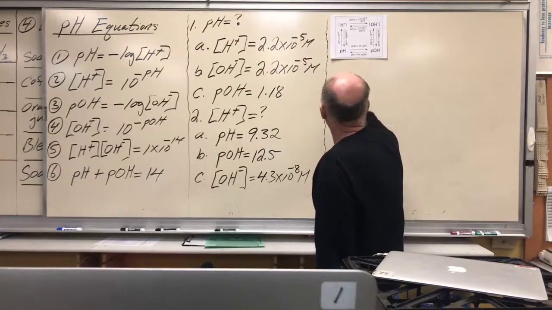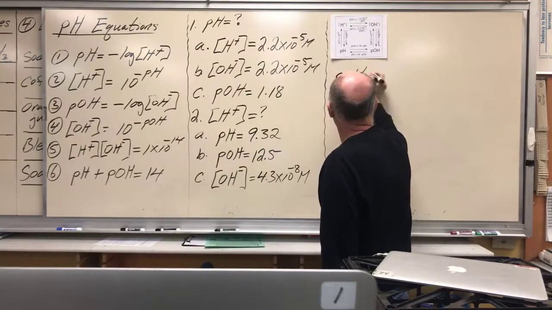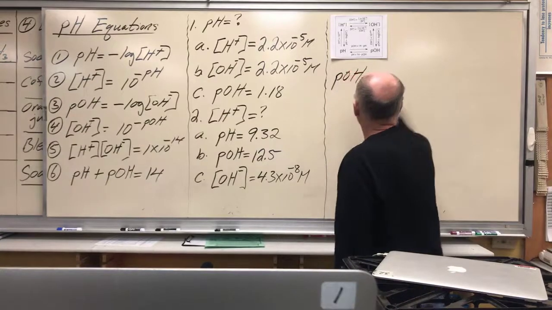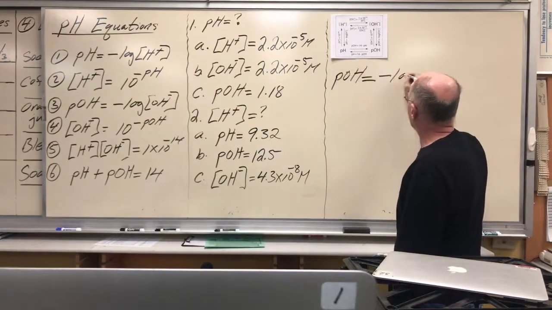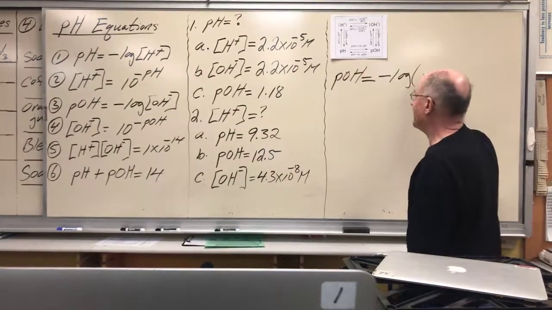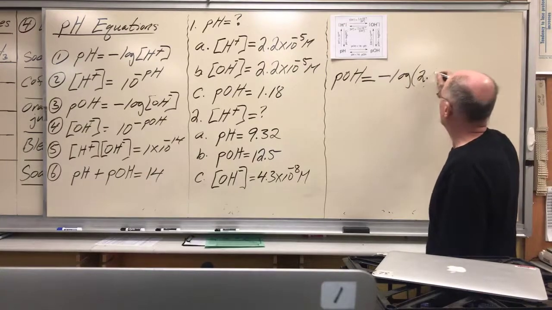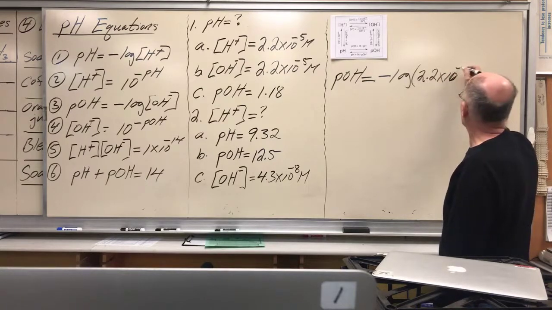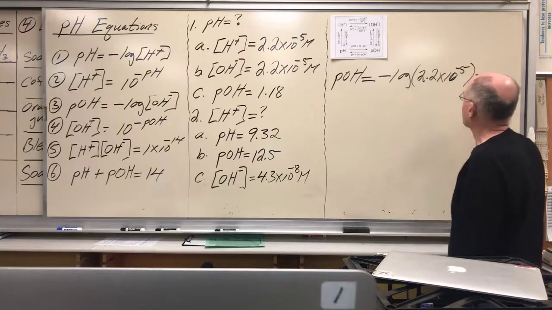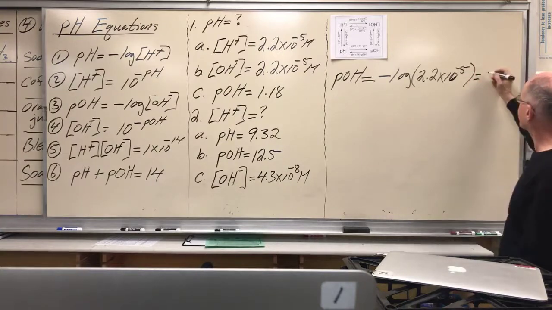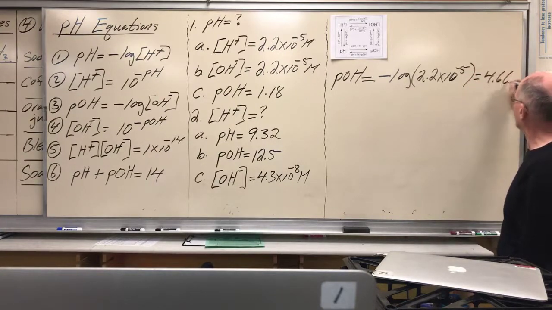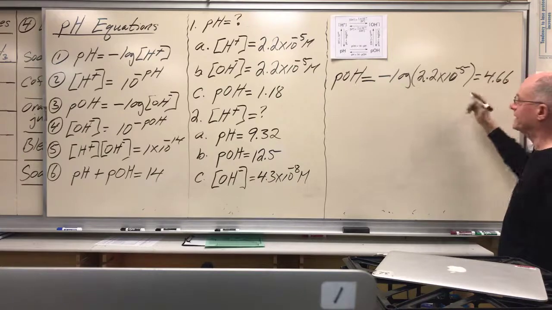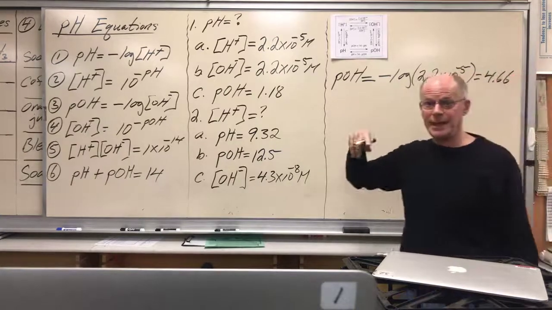So the pOH is going to be equal to the negative logarithm of the hydroxide ion concentration, which is the same number as we had before for hydrogen. So we'll get the same 4.66.